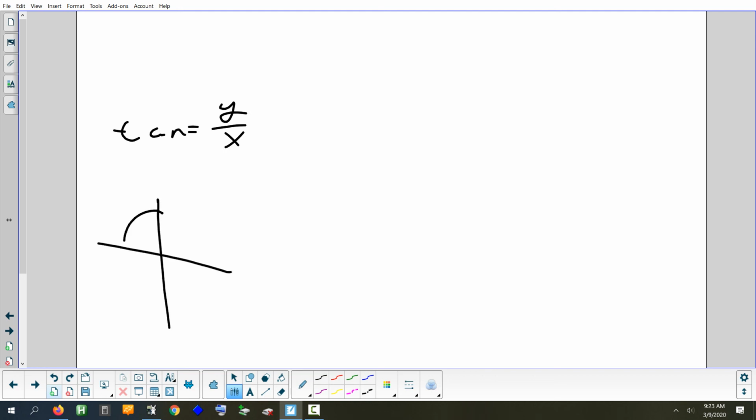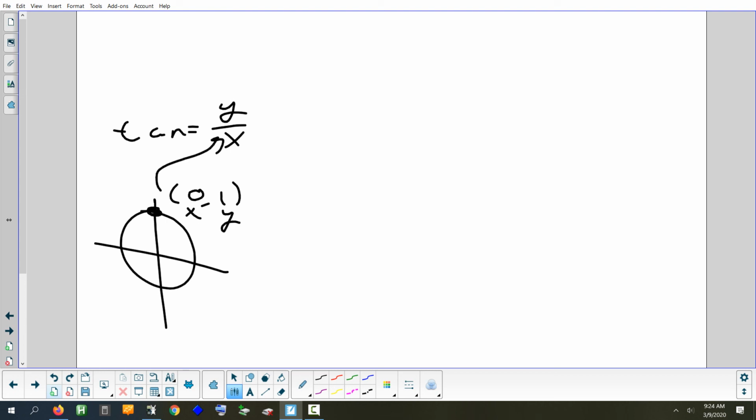What's the coordinate on the unit circle when you're at 90? It's 0, 1. 0 is which letter? And the 1 is the... So if x is 0, can you plug 0 into a fraction and then divide by it? You can't divide by 0. That's why the tangent of 90 is undefined.